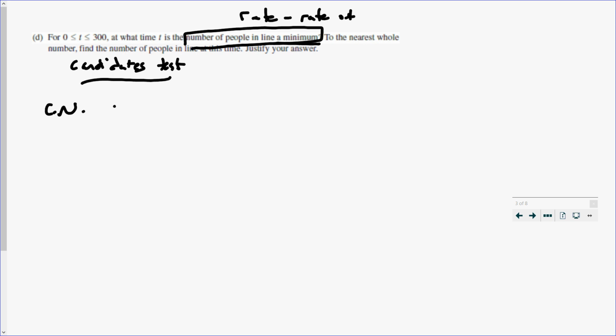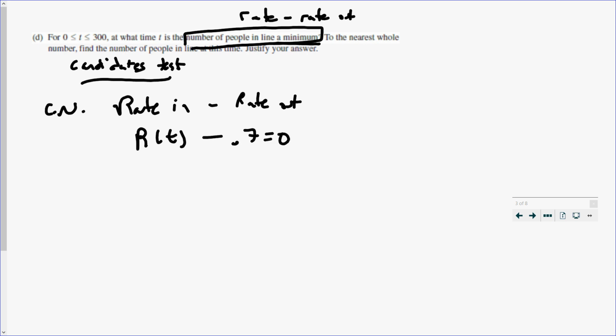So if we do this, the rate in we know is R of t. The rate out is 0.7, so we set R of t minus 0.7 equal to 0 to get our critical numbers here. Now, I've already done this on a calculator. You can verify this.